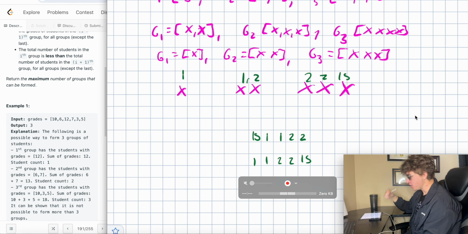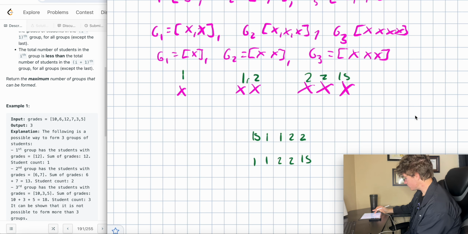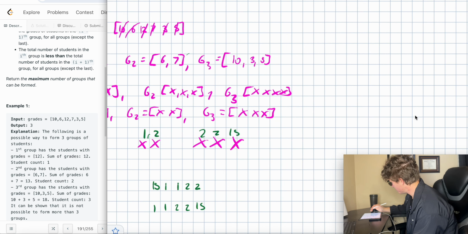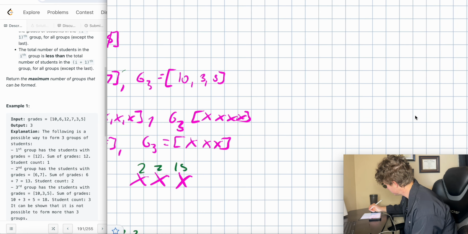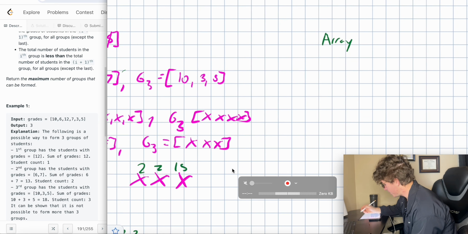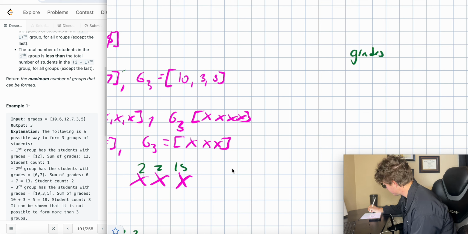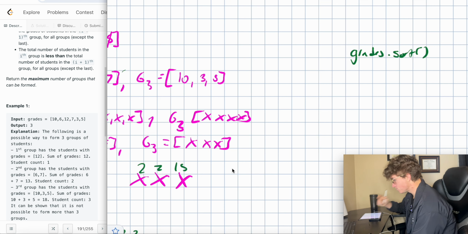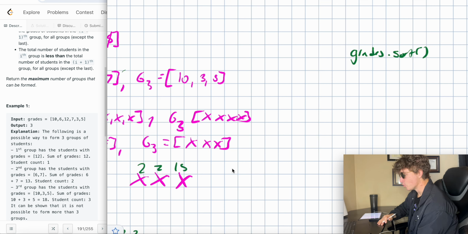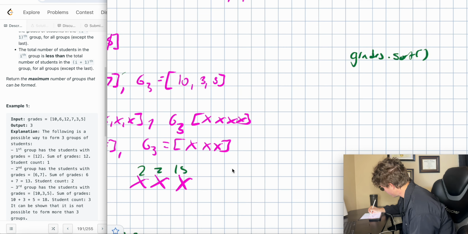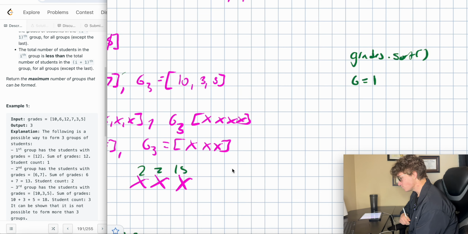Okay? So what we could do for our code is take our array. Our array here is grades. So our solution could be, I'm losing it. We could take grades and sort it. Then we could figure out how many groups we can make, right? So we could say group size equals 1.